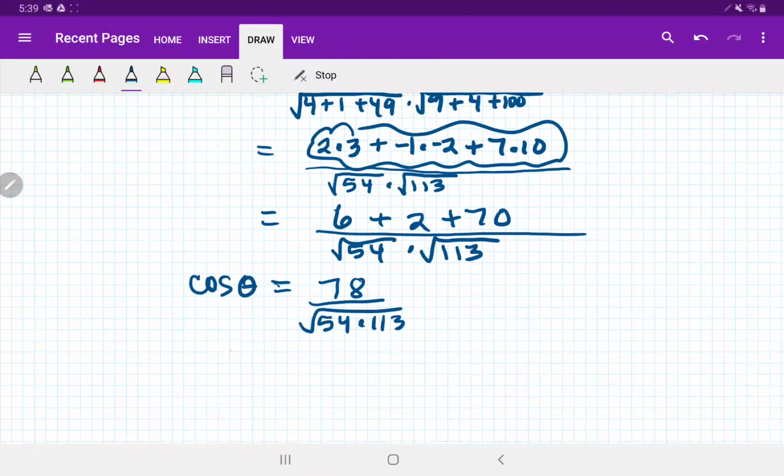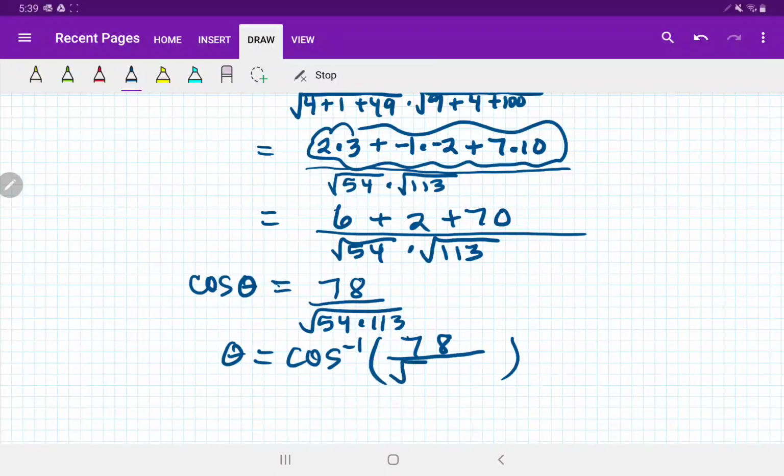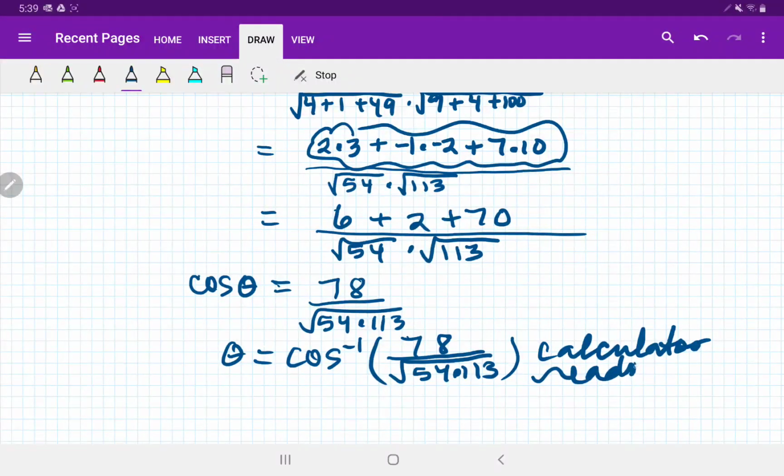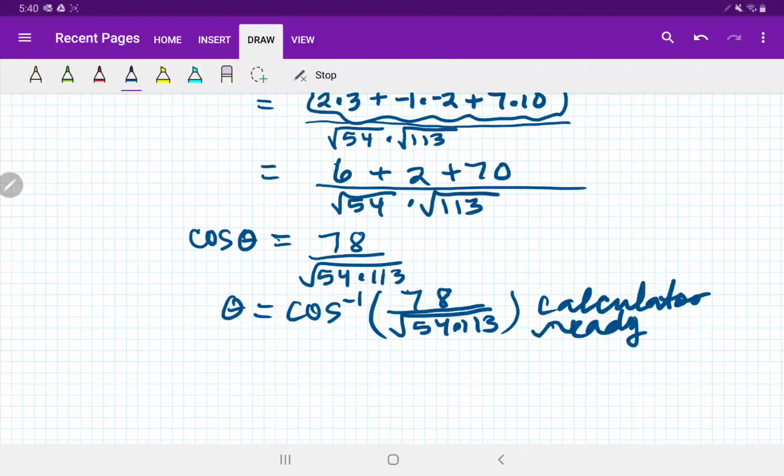Now the question said find the theta, so you do have to do theta equals. Theta equals, and you can be in radians or degrees, so check your calculator when you're doing it. I call this calculator ready form, but I don't know about your other teachers, so when they talk about how tests are going to be done in their class, you'll have to figure that out.